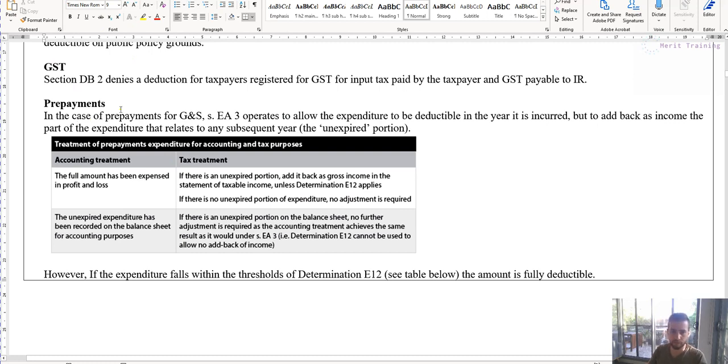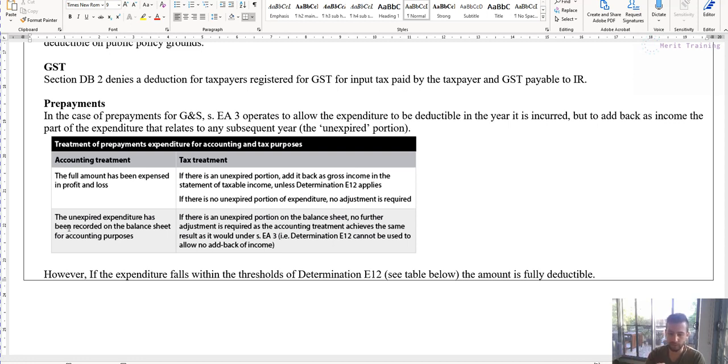Next is prepayment. So prepayments really depend on when the unexpired portion is incurred. And what I mean by that is how much of that prepayment that you're paying up front is in relation to the subsequent year.